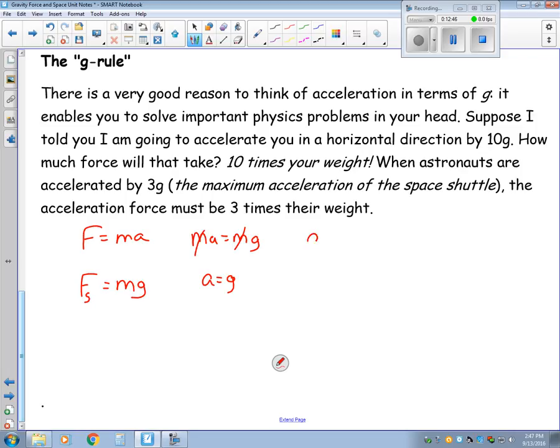So g is an acceleration. And m is for mass, and it's a constant. So F would be your weight. So again, using this G rule, we can do very simple calculations very, very quickly.